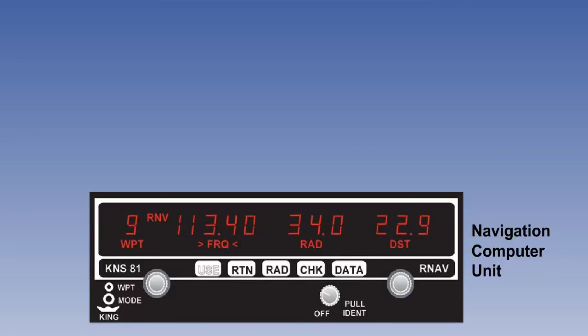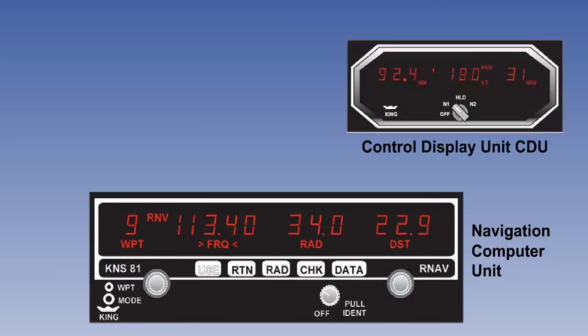The flight deck of a simple 2D RNAV system includes several components: It has a navigation computer unit into which waypoint data is input, namely a waypoint number, a beacon frequency, bearing, and distance from the beacon to the waypoint.